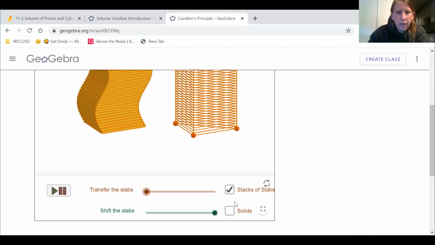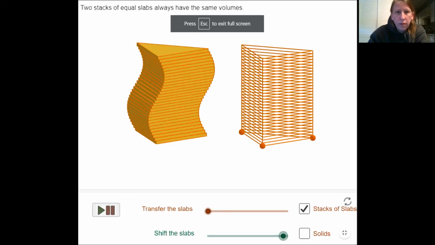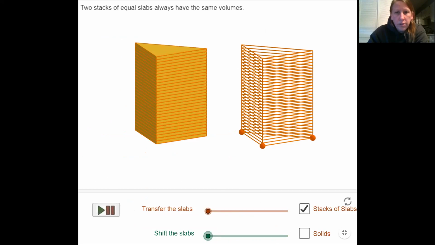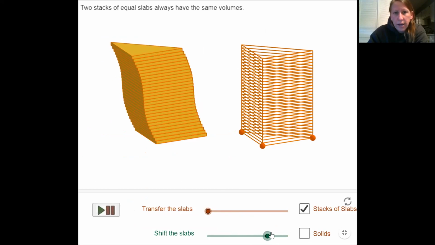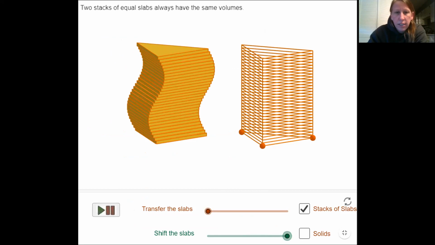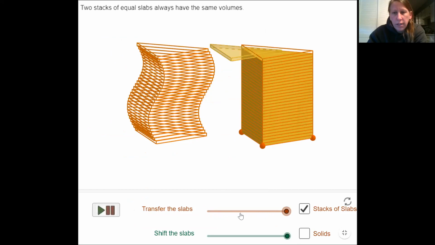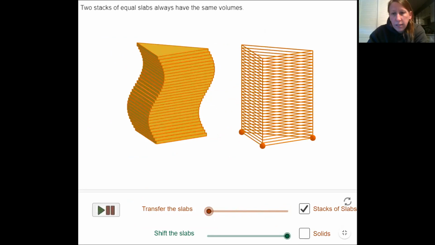Another way to show that is that you could straighten out the stack. You can wiggle the stack around like I did with my CD cases, and then you can see that they all fit perfectly if it was straightened out.